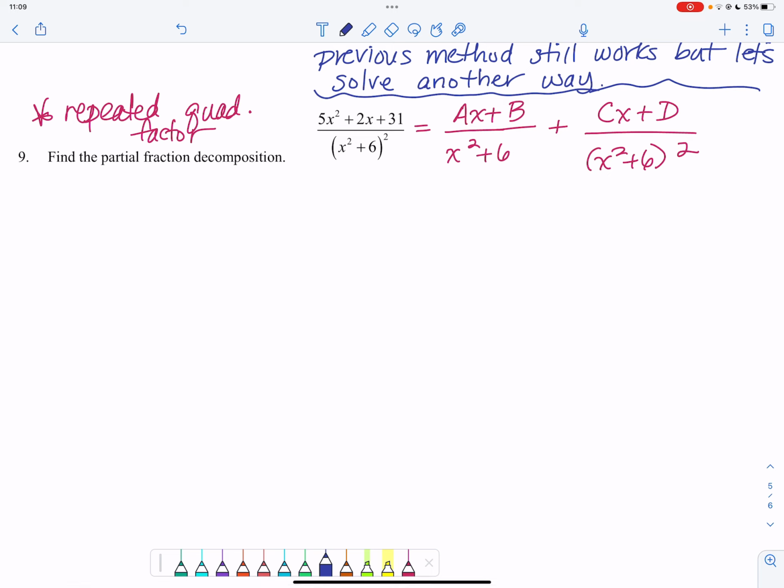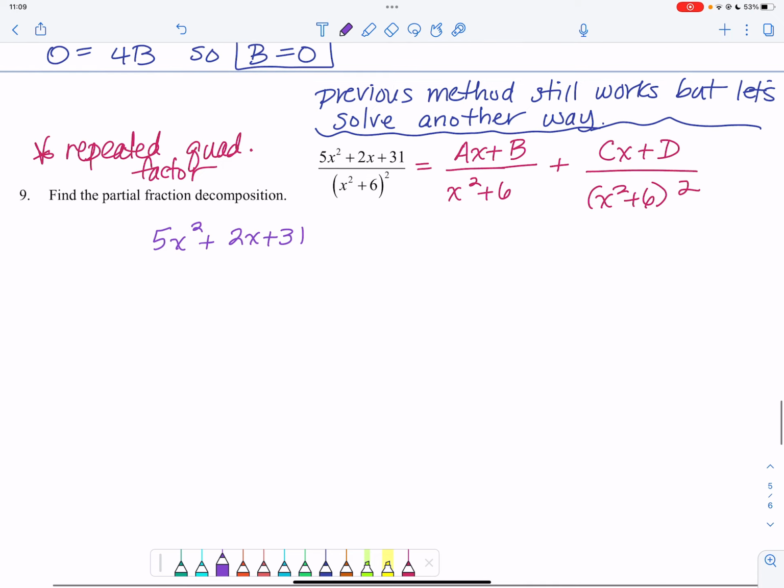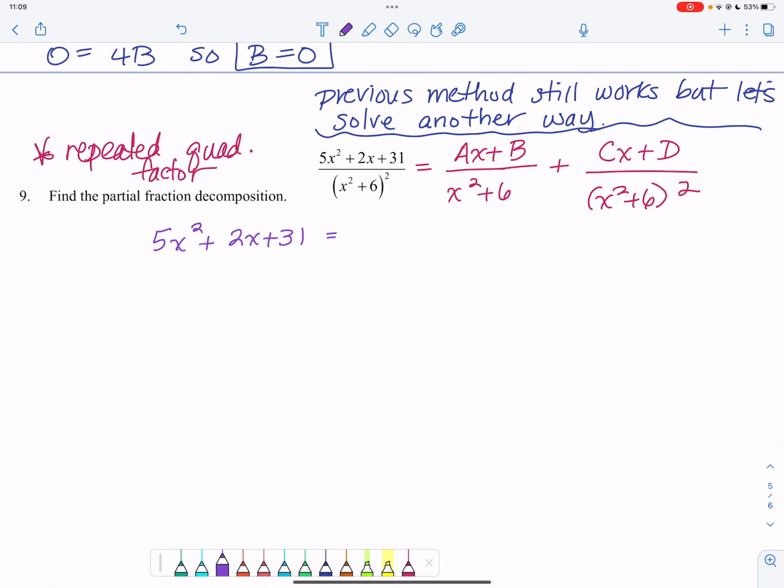We're going to go ahead and say that 5x squared plus 2x plus 31 is equal to ax plus b times x squared plus 6, one of those factors, plus cx plus d. So what did we do?